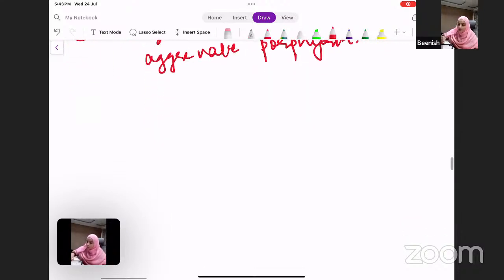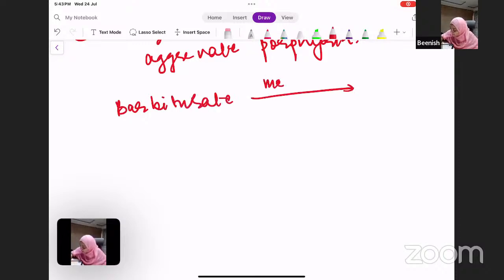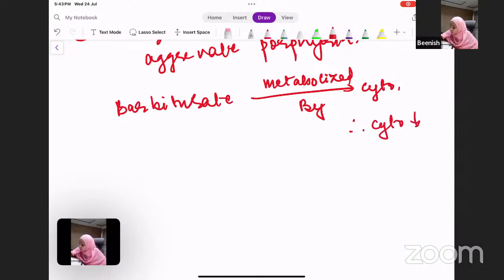Let's see how. Because your barbiturates are metabolized by cytochromes. That means your cytochrome is going to decrease. Okay. Now, cytochromes contain heme. So therefore, what happens?